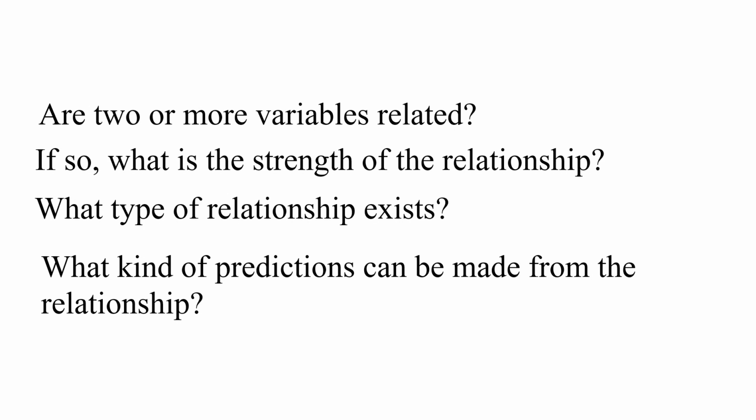To answer the first two questions, statisticians use a numerical measure to determine whether two or more variables are related and to determine the strength of the relationship between or among the variables. This measure is called the correlation coefficient.